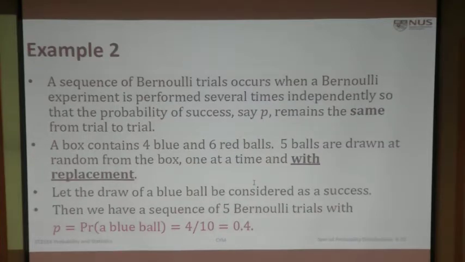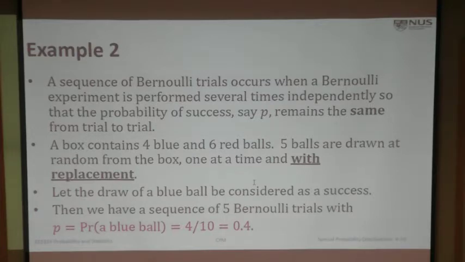Example 2. So example 2 is a little bit funny actually, but anyway, we have a sequence of Bernoulli trials. So Bernoulli trial 1, Bernoulli trial 2, Bernoulli trial 3. Now we have the sequence of Bernoulli trials and we perform them several times independently. So this is a sequence of independent and identically distributed Bernoulli trials.